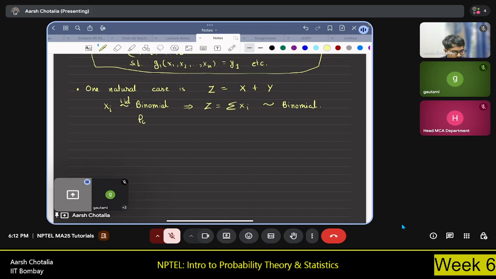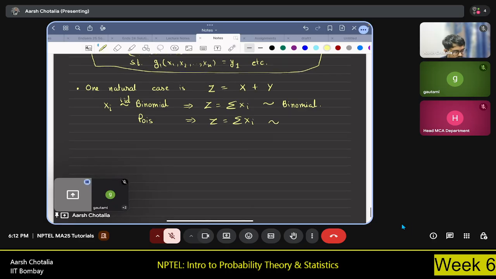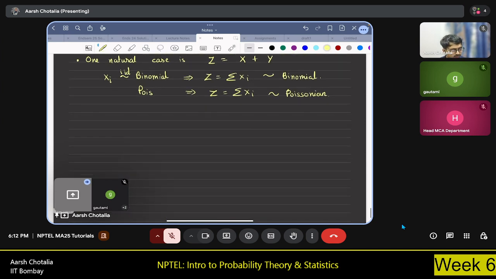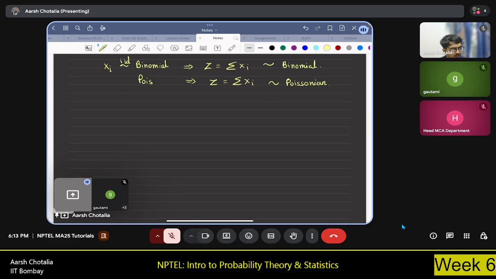Similarly, if Xi were Poissonian, then Z, which is again the sum over Xi, would also be Poissonian. So this week we discovered many such distributions in which you mix and match certain distributions to get the same distributions or different ones, but the known ones.